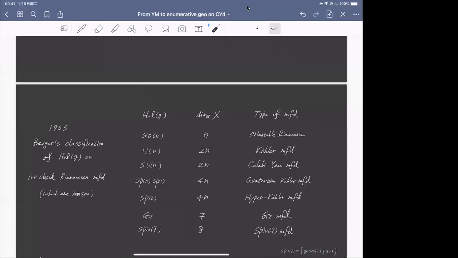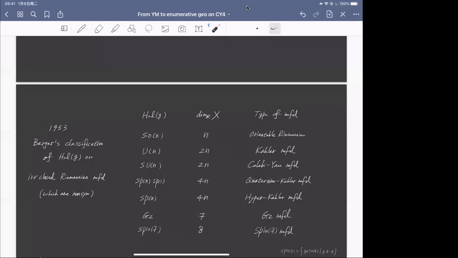If this group is SO(n), at the linear algebra level this is quite easy to understand. If you have a real vector space with a metric, then the vector space is endowed with O(n) structures. If you fix the orientation of this vector space, this corresponds to SO(n) structures.